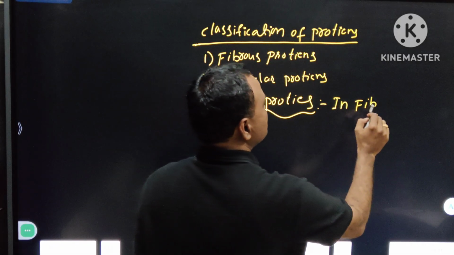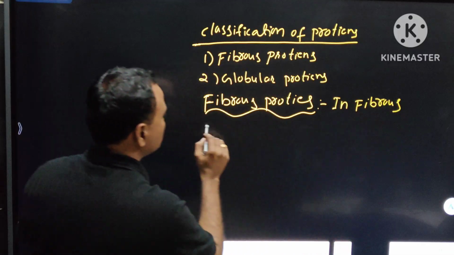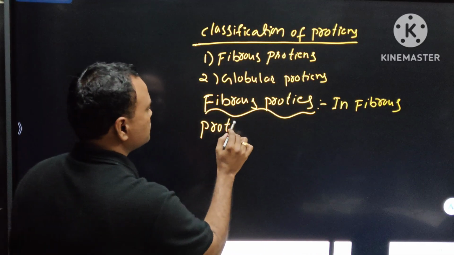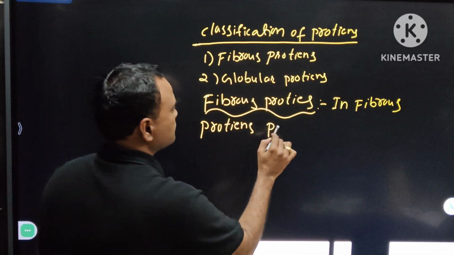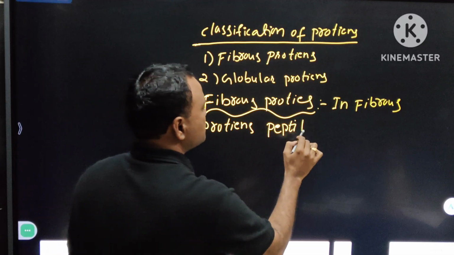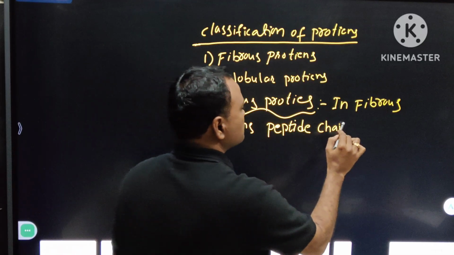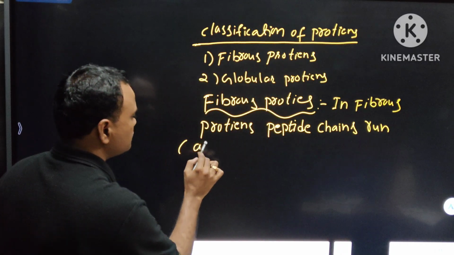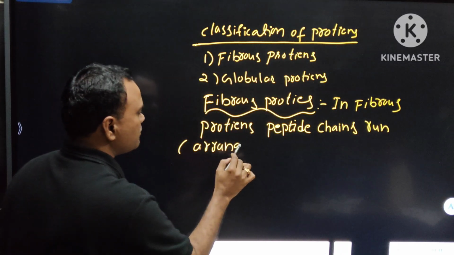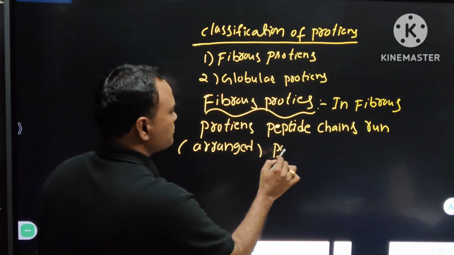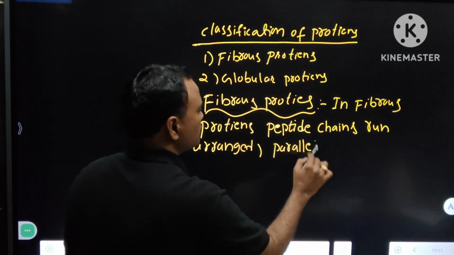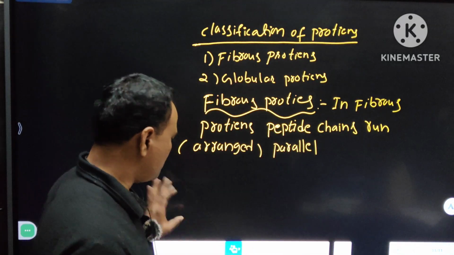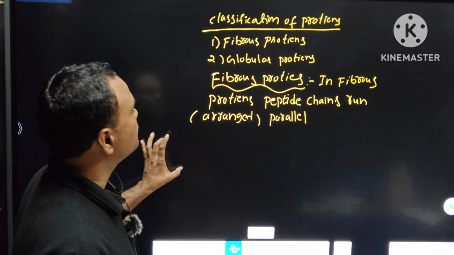In fibrous proteins, peptide chains are arranged parallel.